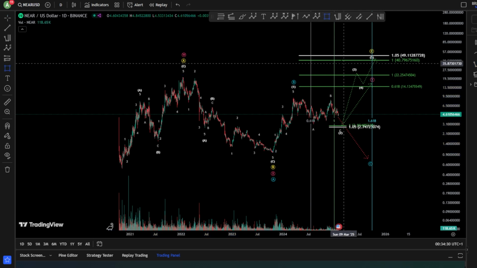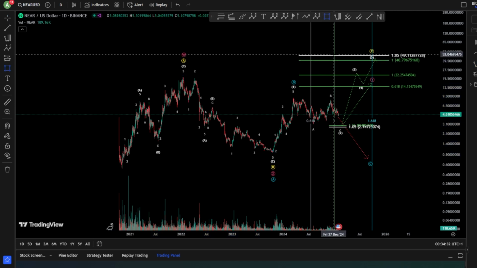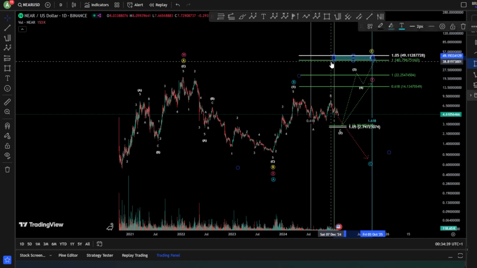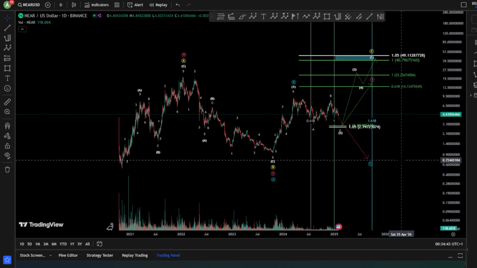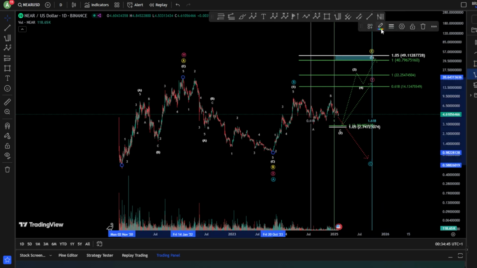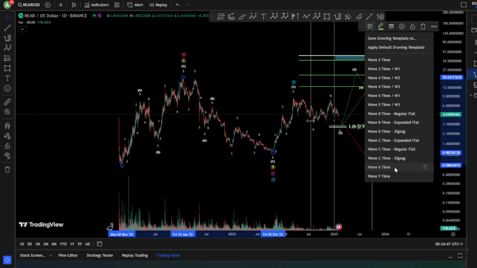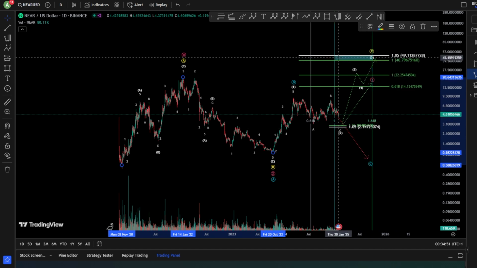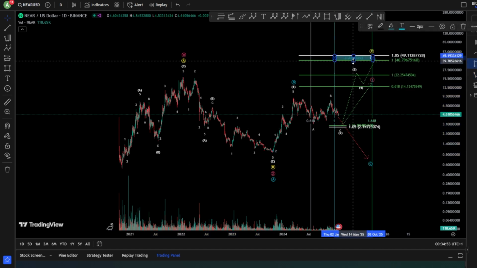Meaning inside this blue box would be a perfect scenario, of course, to finish a wave C, probably here, which is higher potential, of course, or even potential, let's say the zigzag, the WXY as a zigzag. Let's see wave Y. It would be the same, actually.